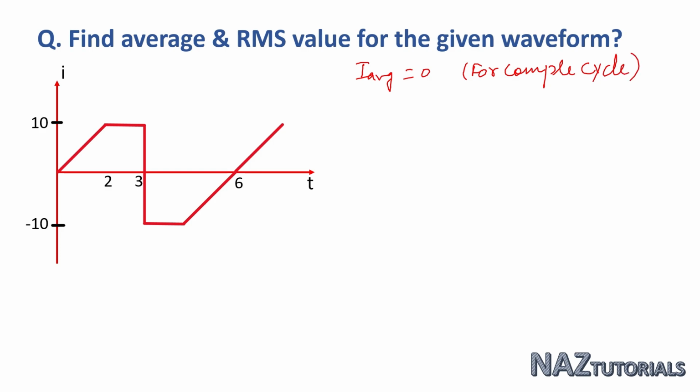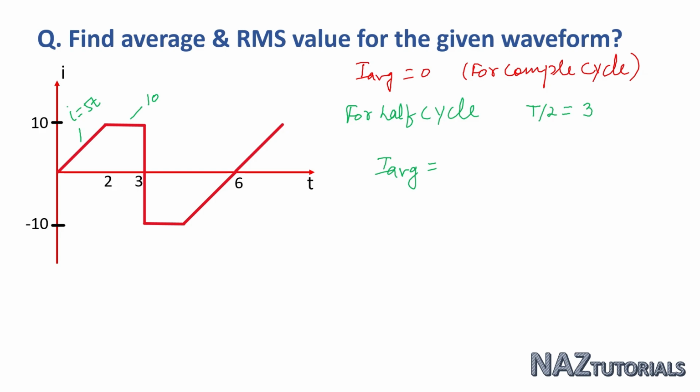And if you analyze the average value for half cycle, the I average is area of cycle in time t. As we discussed earlier, this waveform current for 0 to 2 seconds is 5t, and for 2 to 3 seconds, it is 10 ampere.